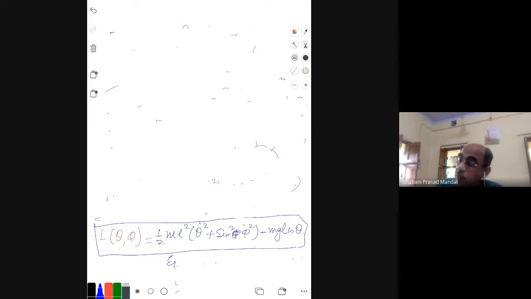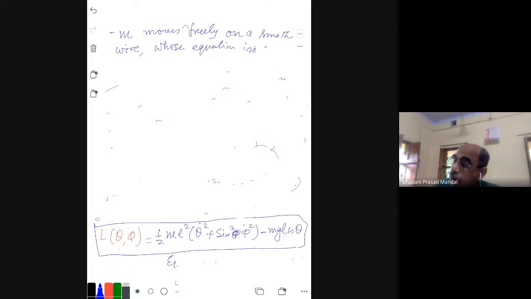The particle of mass m moves freely on a smooth wire, whose equation in cylindrical coordinates is given by rho equal to constant, z equal to b phi. Then find the Lagrangian.